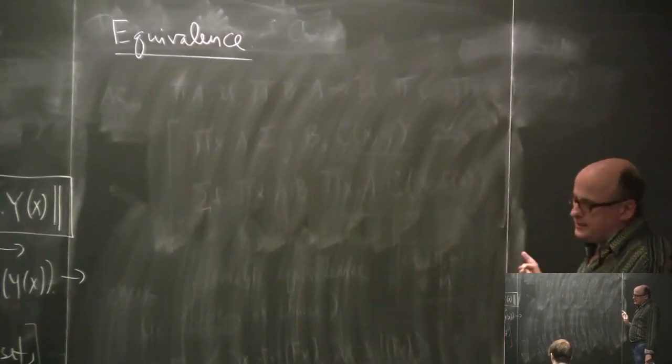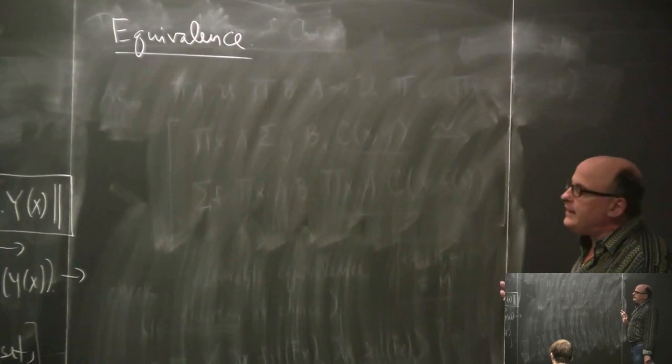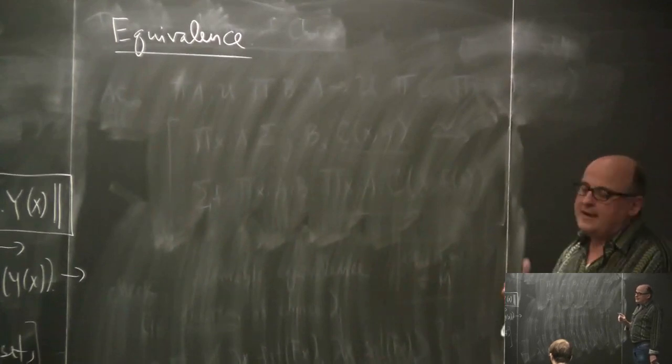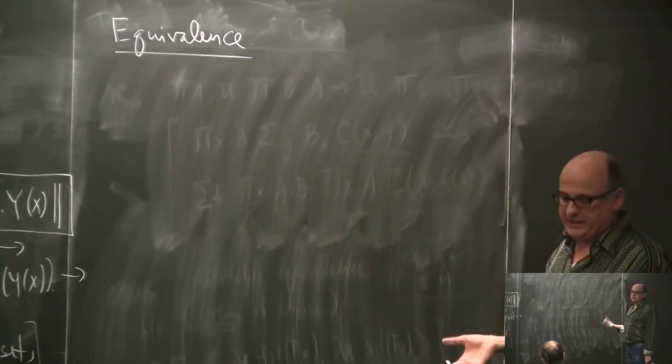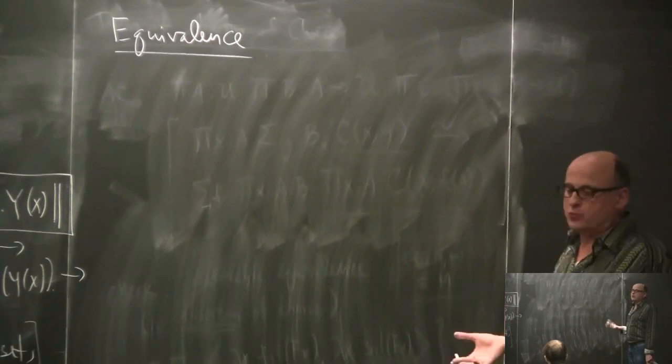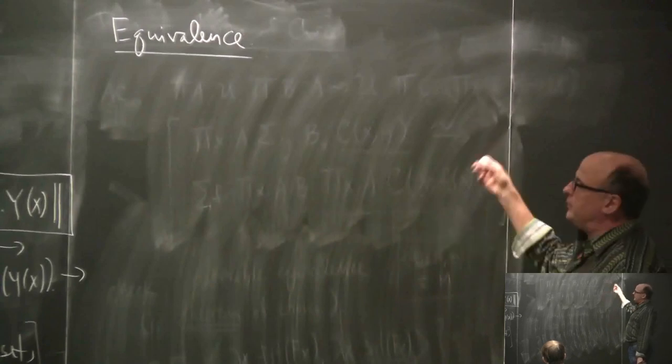So we were talking about the need for a notion of, given f, that f is an equivalence. We want that to be a proposition, that is, that it has at most one proof. Let me explain that.